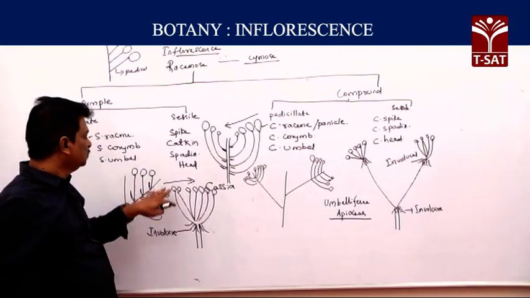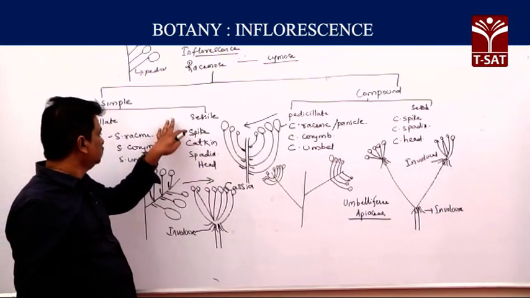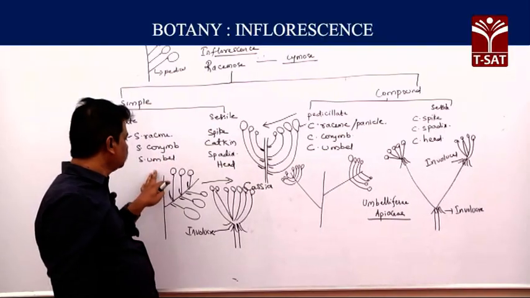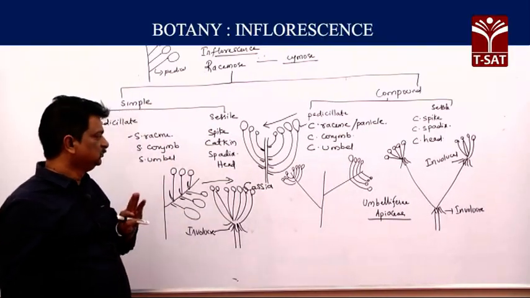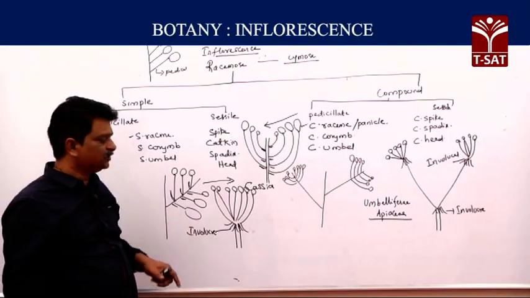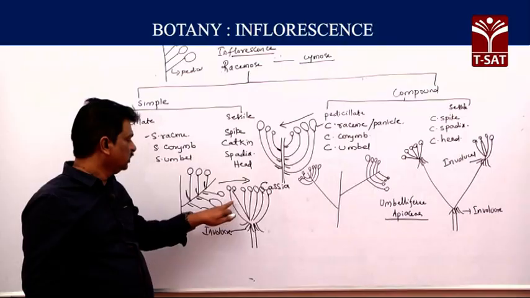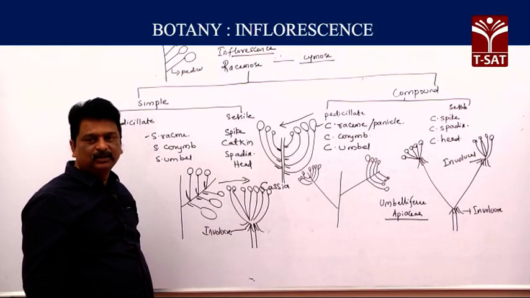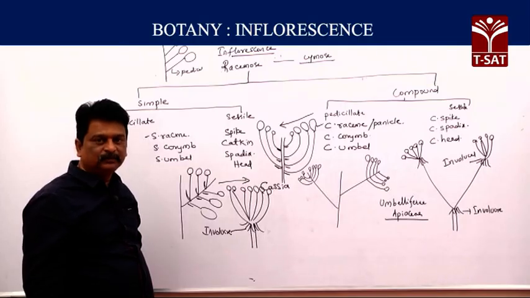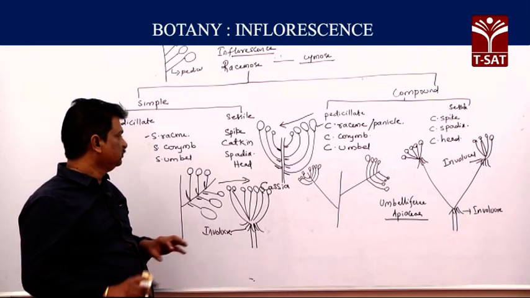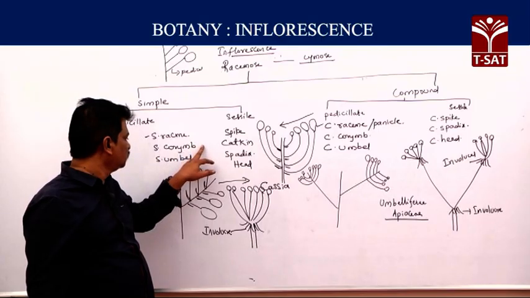These are the types of inflorescence in racemose. These 6 types of inflorescence show 2 common characters. One is that all these inflorescences have pedicellate flowers and bisexual flowers. Here, of these types, one is corymb and the second one is umbel.